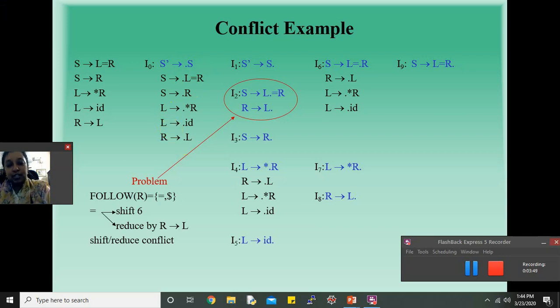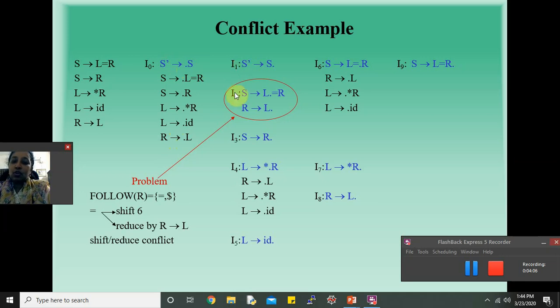And because of S produces dot R, we are supposed to include R produces dot L. Now the goto function for the item S dash produces dot S on S leads to item set I1.